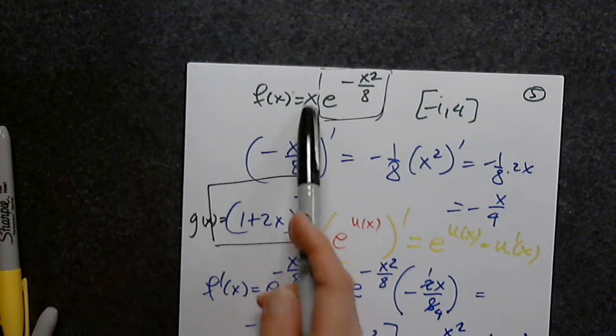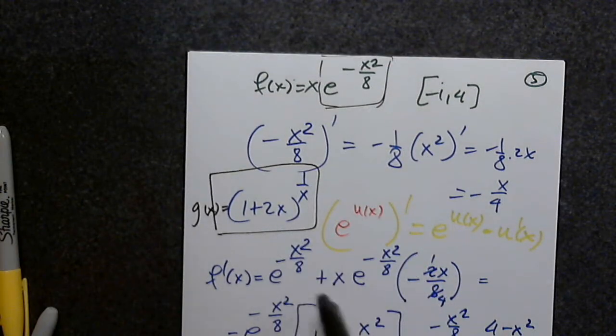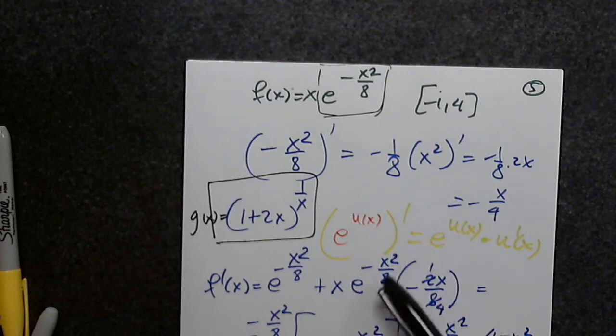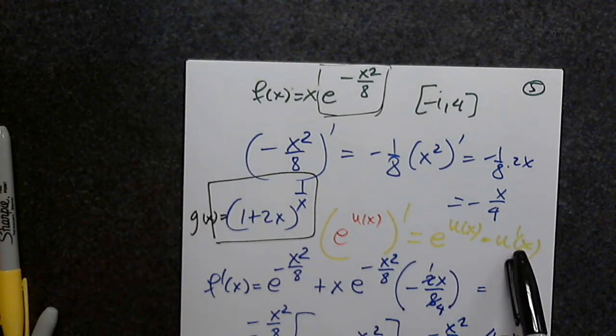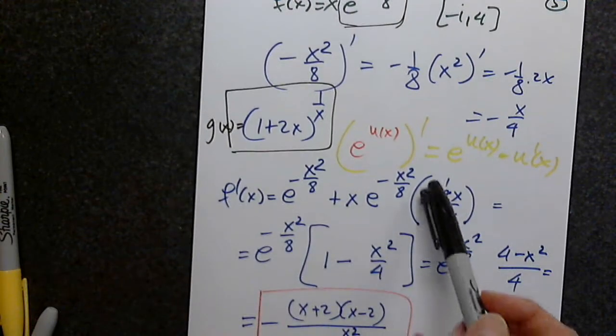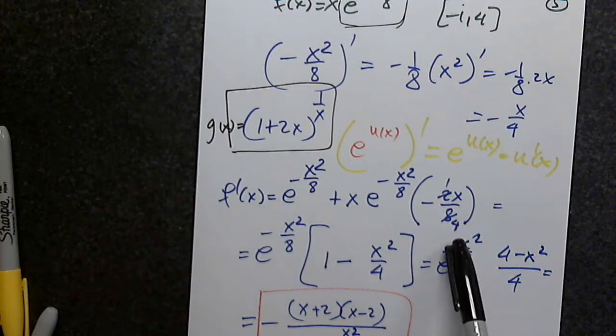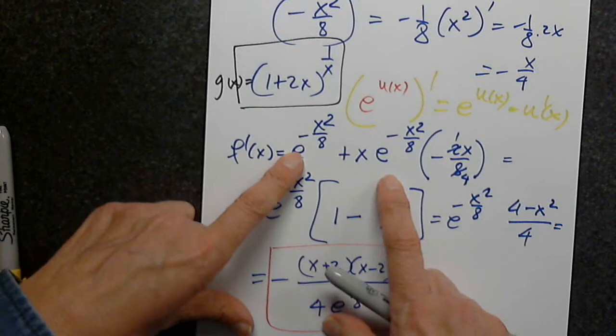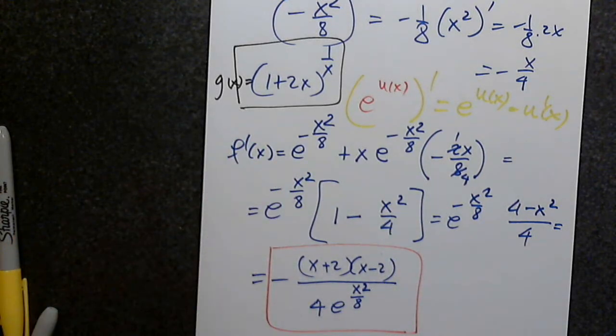So now the first function prime is 1 times the second function plus the first function times the second function prime, e to u times u prime. But u prime is negative 2x over 8, and I will simplify to get 1 over 4, but with minus in front. Are we okay now? So then I factor out e to negative x squared over 8.